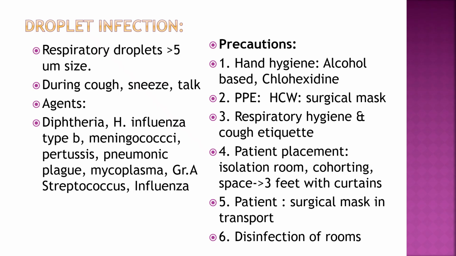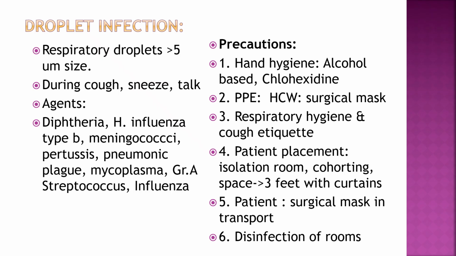The precautions we have to take here: first hand hygiene, alcohol based or chlorhexidine based, then personal protective equipment, healthcare workers should wear a surgical mask, respiratory hygiene and cough etiquette, that is proper cough procedure using a clean cloth or tissue paper, and while coughing you should cover your mouth and nose.